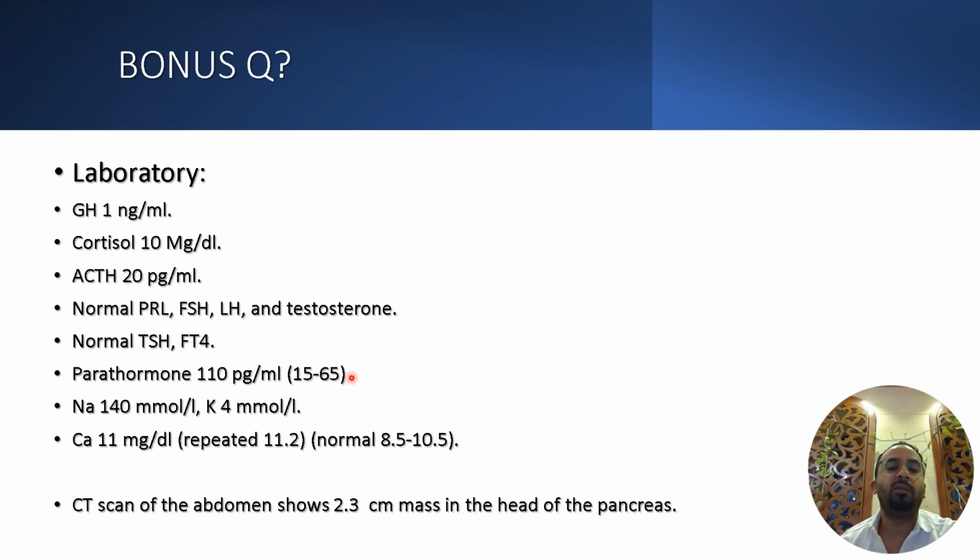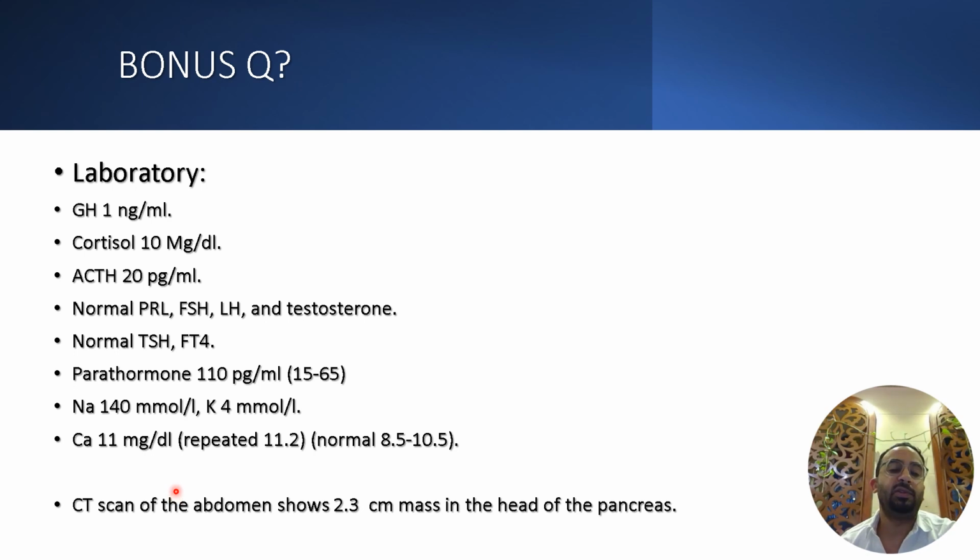The parathyroid hormone level, which is secreted from the parathyroid gland and is responsible for controlling the calcium level, is high, together with a high calcium level, while sodium and potassium are normal. So the patient has hypercalcemia and a high PTH level. These two findings suggest the presence of primary hyperparathyroidism.